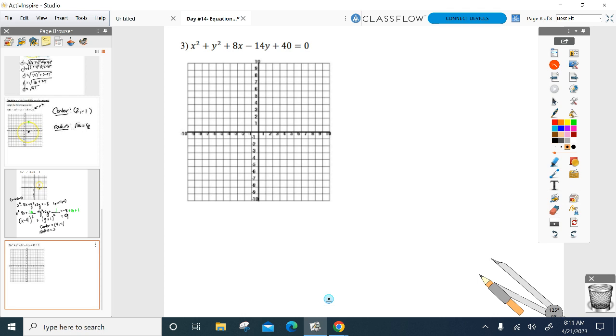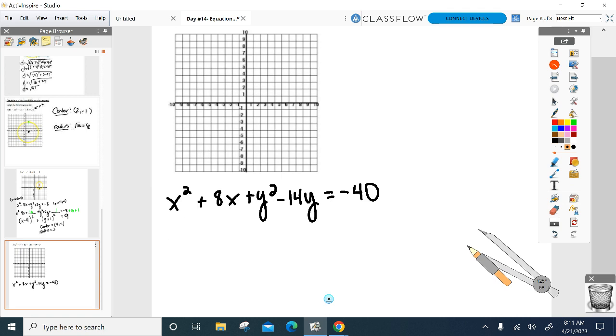First step, get the lone number over and regroup your x's and y's. We can all do that in one step. Move the 40 over and regroup your x's and y's here for me. Complete the square twice.